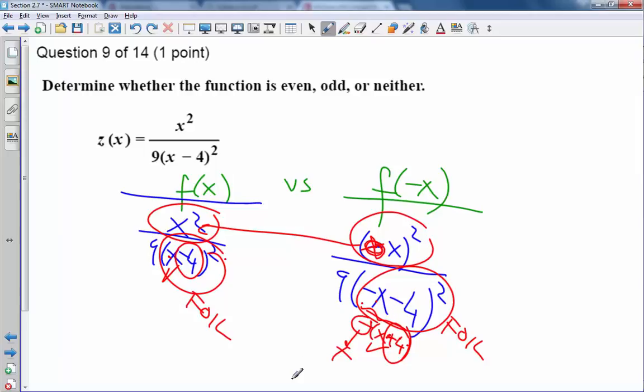They won't match. They are different. They won't be opposite either. If you put a minus in front of this, they still won't match. So this is the case of neither, all because of this guy. I wish this was gone. Then you could have canceled it, but because of that 4, it's neither odd nor even.